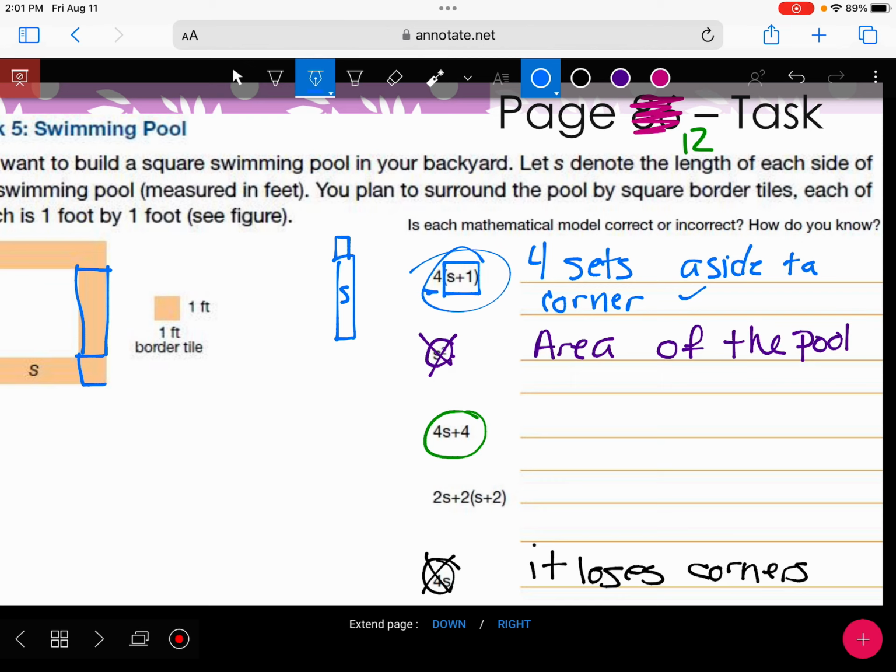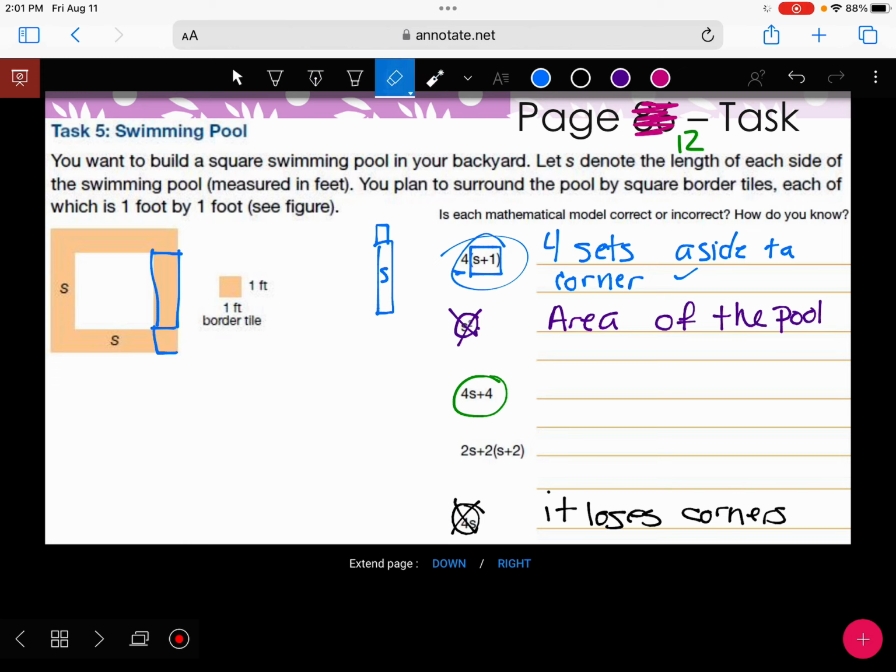What is S plus 2 going to be? What do I have left here? I have S plus 2. I have S plus 2, right? So this is one whole long side. S plus 2, if my stylus disappears, I'm going to erase it here. That's a side plus my corner.